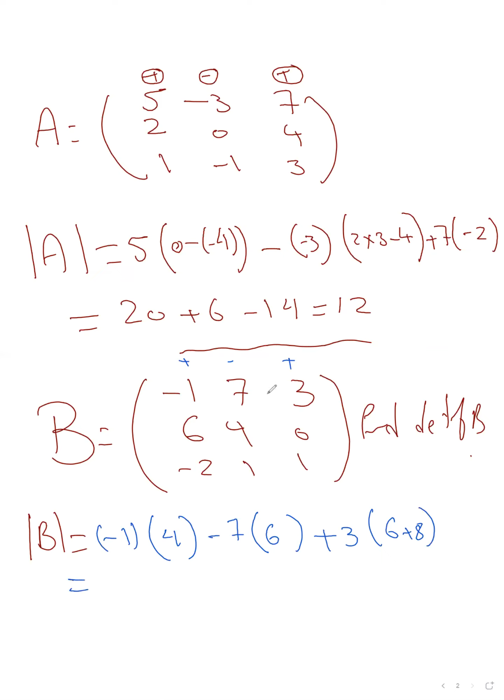Negative 4 minus 7 times 6, 42, plus 14 times 3.